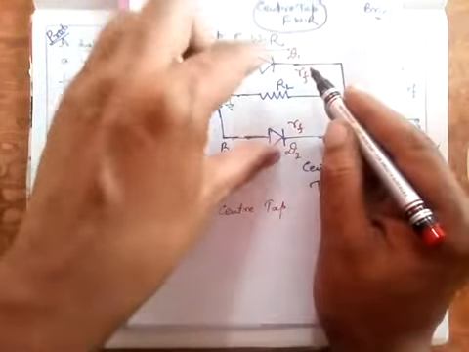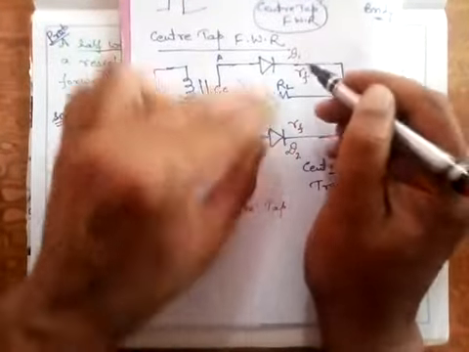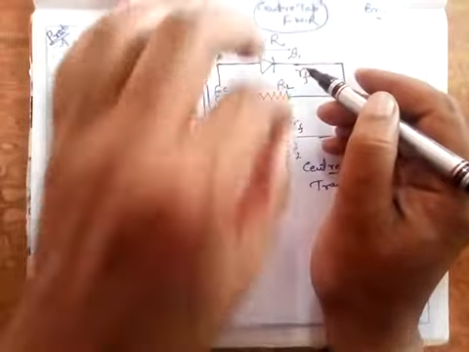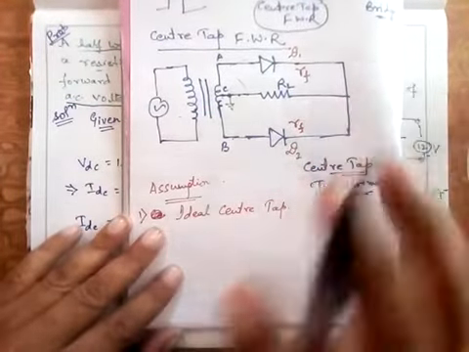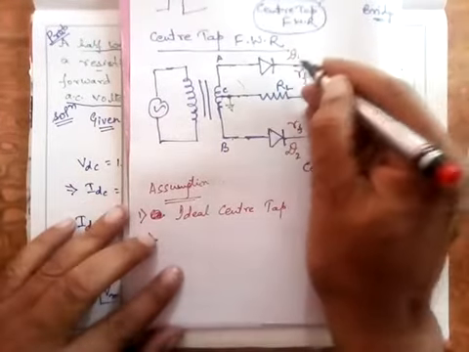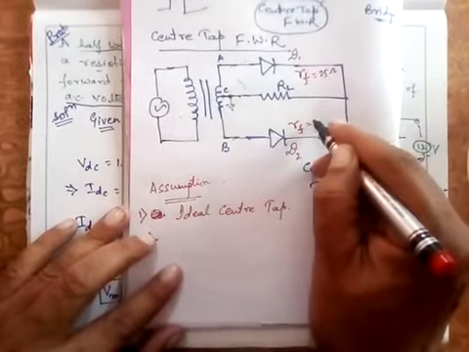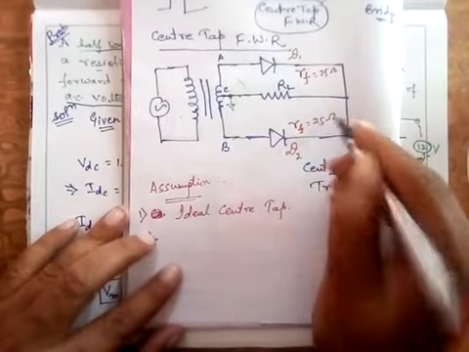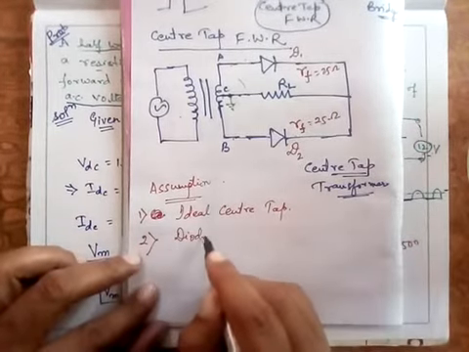Although practically this does not happen. The diodes taken out from the same box, made from the same factory at the same time, do not offer the same resistance practically. But theoretically we assume that if this is offering suppose 25 ohm, then this is also offering 25 ohm only. That is, we assume that the diodes are identical.